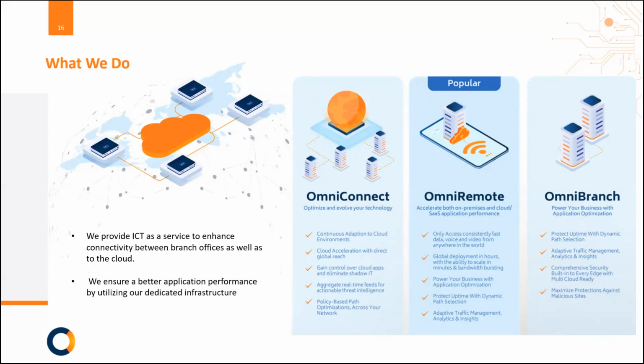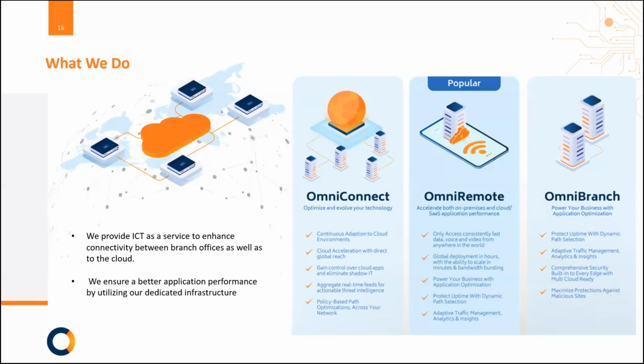So SASE, again, can be in the branch or anywhere, like a client on the laptop or on the mobile phone or any device. So having a single management for all this is one of our greatest advantages. And OmniConnect is our cloud. It's our global network that we saw in the map a few slides back.